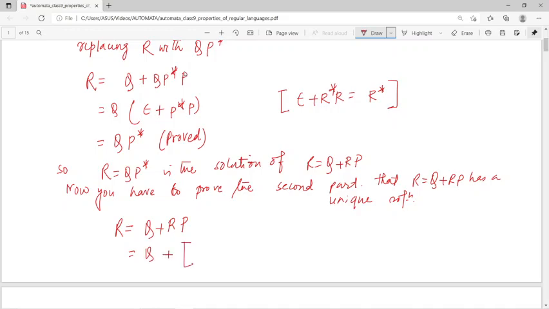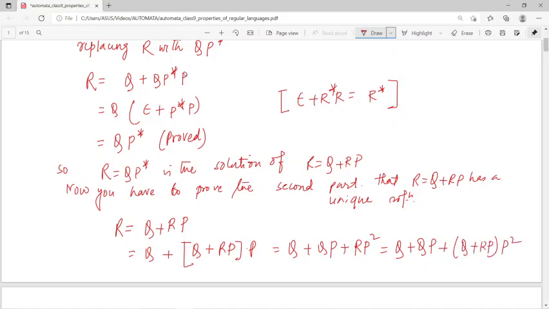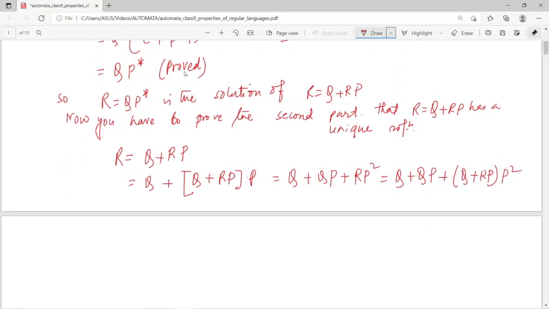this is a recursive type of equation, so we can put it like that. That means in place of R we are placing the same equation. If you solve it, then we get Q plus QP plus RP square, and again if we put in place of R the same thing, what we will get?